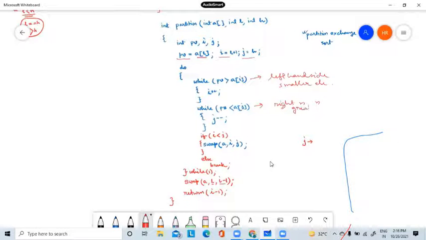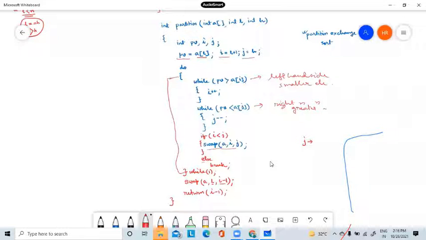Okay. And after that, when i and j stop, I will interchange the elements present in i and j. So this is the swap function for interchanging those two. If i and j cross each other, if i becomes greater than j, that is the else part, I will break this do while part.